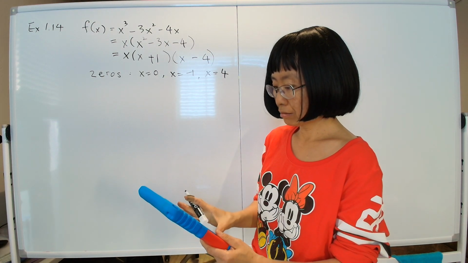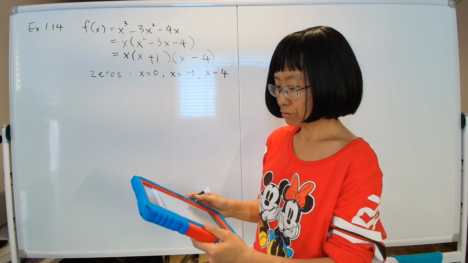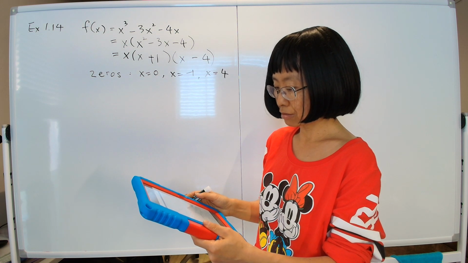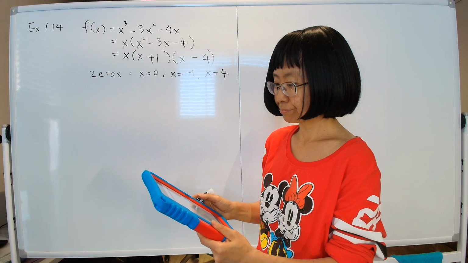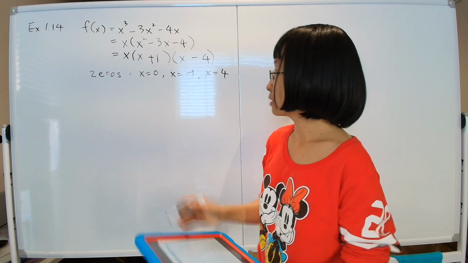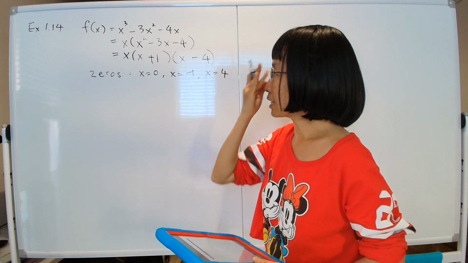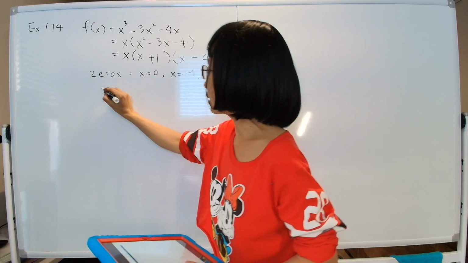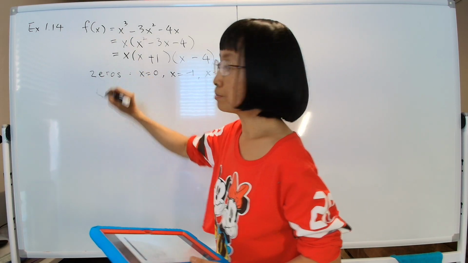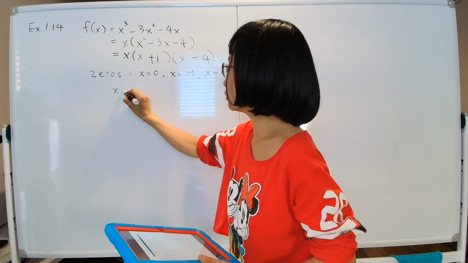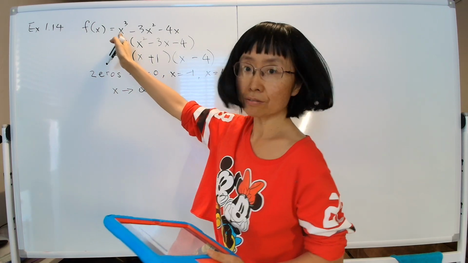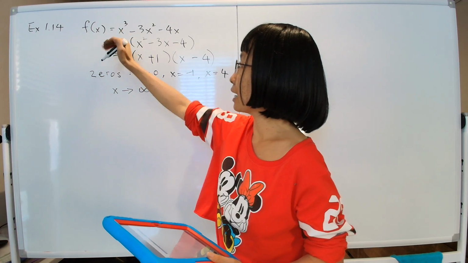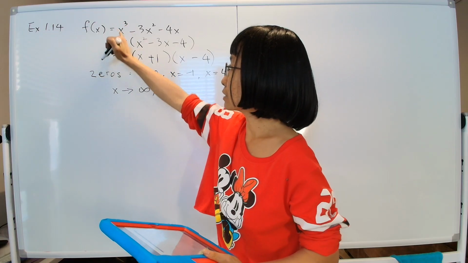All right, and they also want to know what happens as x goes to infinity. For all polynomials, as x goes to positive infinity, you only look at the term with the highest power, and this one is positive.